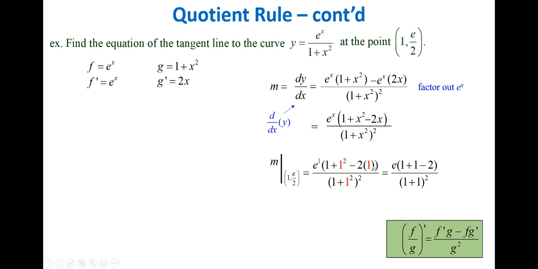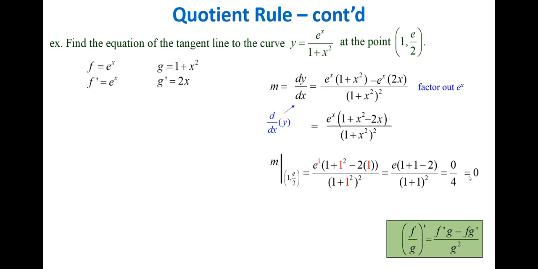Inside of the parentheses in the numerator, it's 1 plus 1 minus 2, all over 1 plus 1 squared. Well, just look what's happening inside of the parentheses in the numerator, 2 minus 2, that's actually going to zero out the whole thing. So 0 over 4, which is 0.